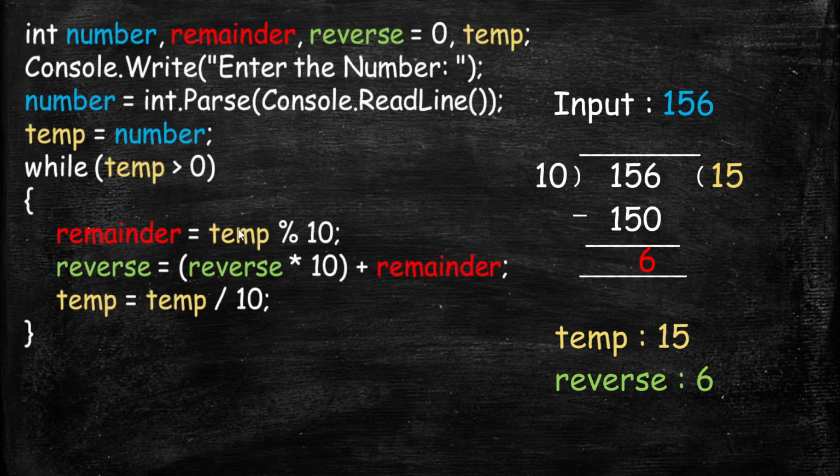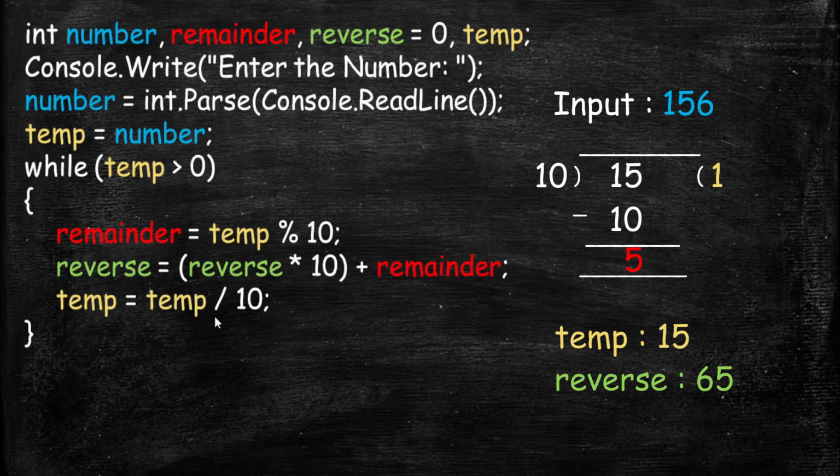Now this time it will be 15 divided by 10, so 10 multiplied by 1 is 10, so the remainder will be 5 and the quotient will be 1. So our remainder is now 5. First our reverse was 6, it will be multiplied by 10, so it will become 60. Then plus the remainder, 60 plus 5, becomes 65. So our reverse is now 65.